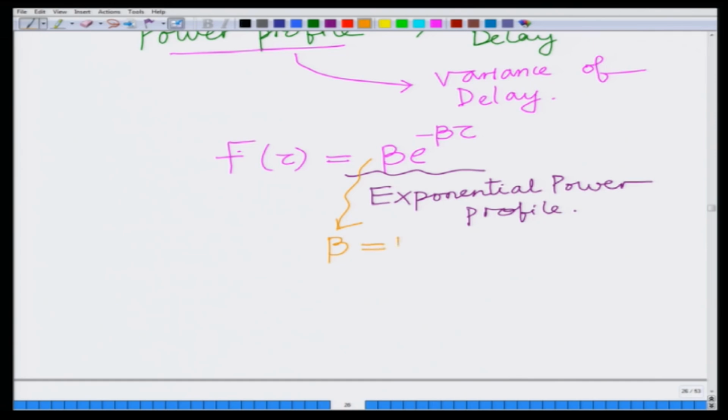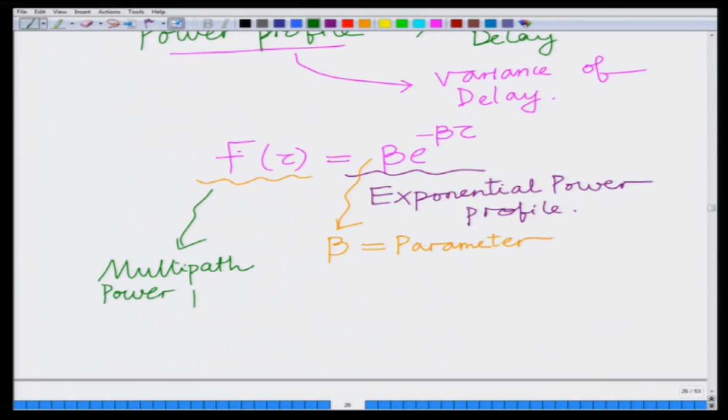So, this is my multipath power profile. And now, from this multipath power profile one can compute things such as the average delay.